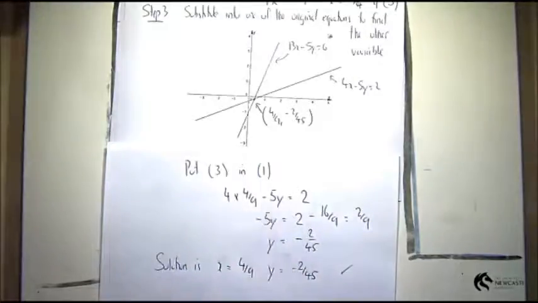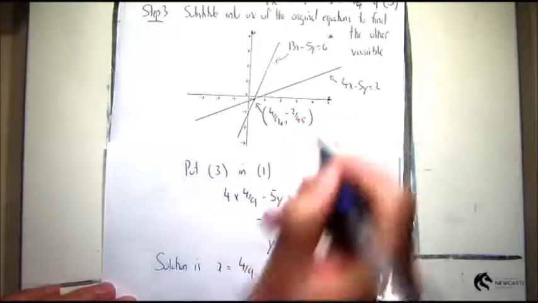You really do need to do the algebra in that case to get those numbers. That's supposed to be a comma in there.